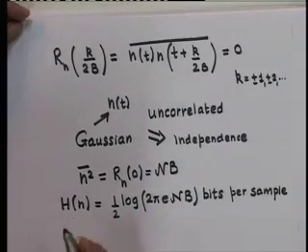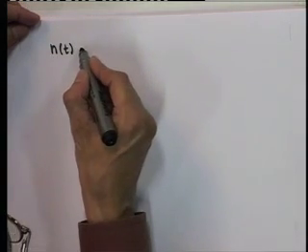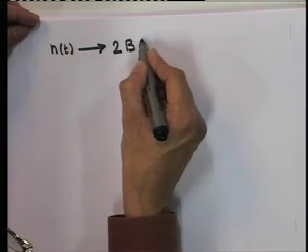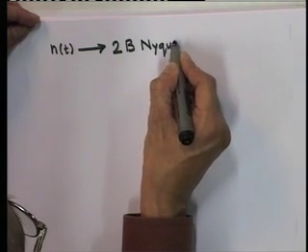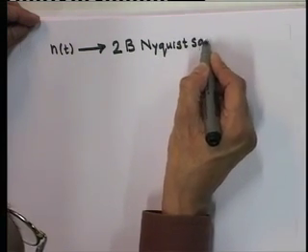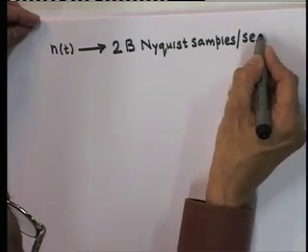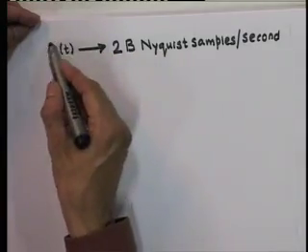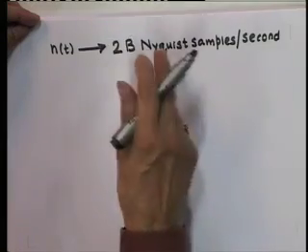Now, because n(t) is completely specified by 2B Nyquist samples per second, the entropy per second of n(t) is the entropy of 2B Nyquist samples.